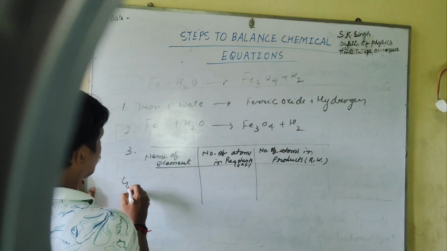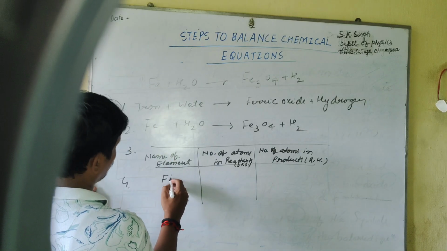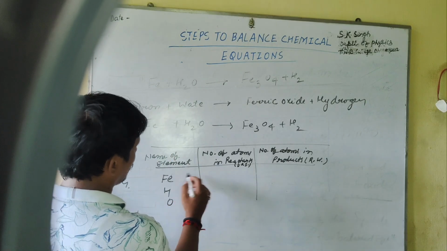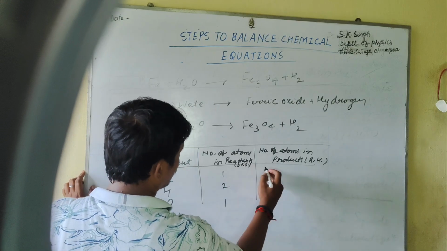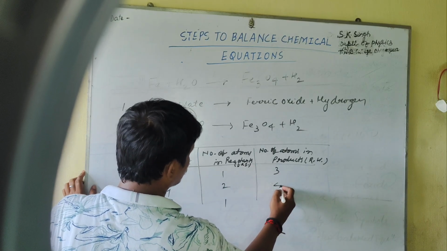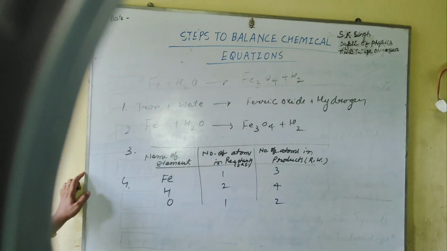That is the fourth step. Write down the name of elements: Fe, hydrogen and oxygen. On the left, Fe is 1, hydrogen is 2 and oxygen is 1. On the right, Fe is 3, oxygen is 4 and hydrogen is 2.